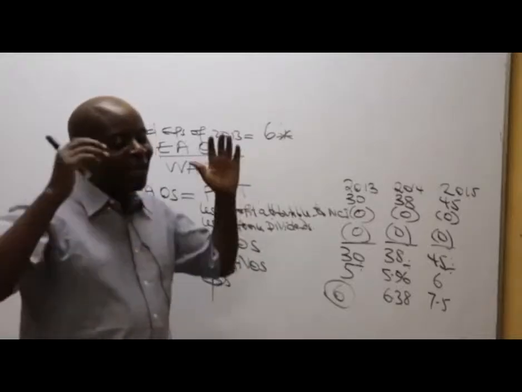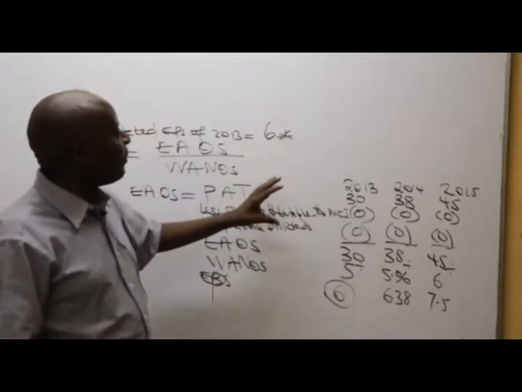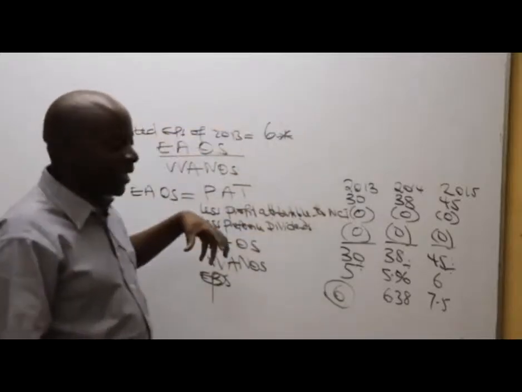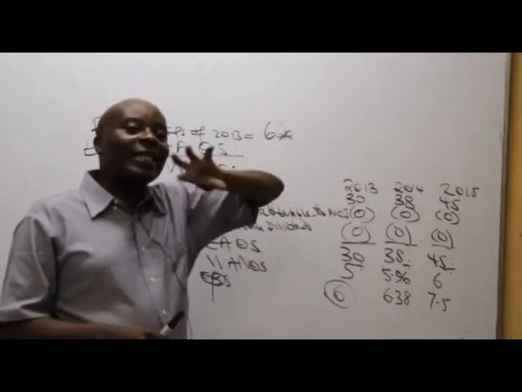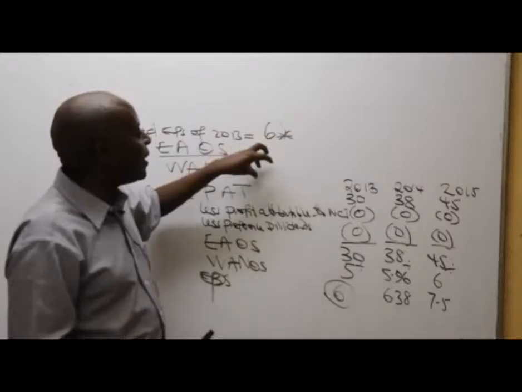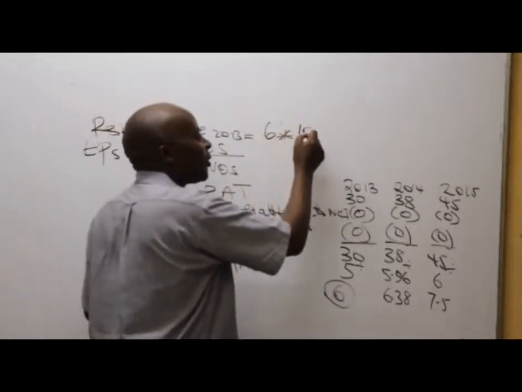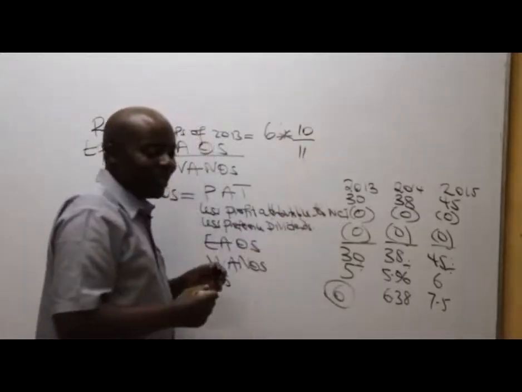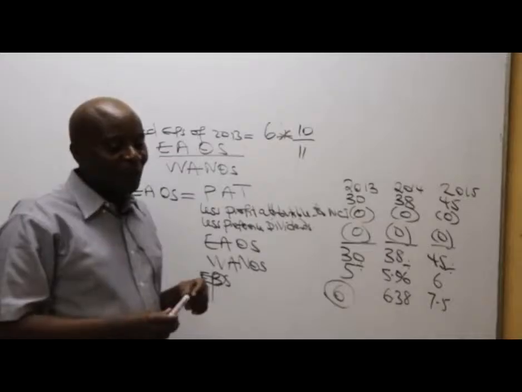Reciprocal. Even if I understand nothing from this particular class, I know when it comes to restating for the previous years, if the bonus fraction was 11/10, I'll take the previous year's EPS times the reciprocal of those bonus fractions. So times 10 over 11, which will end up giving me what figure, somebody?